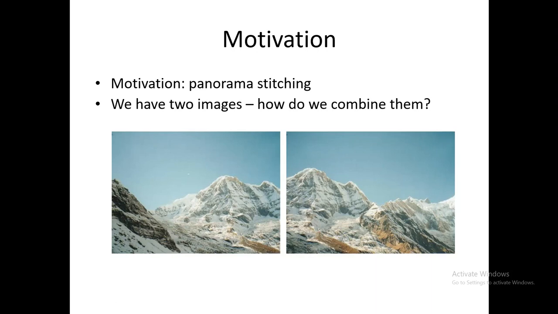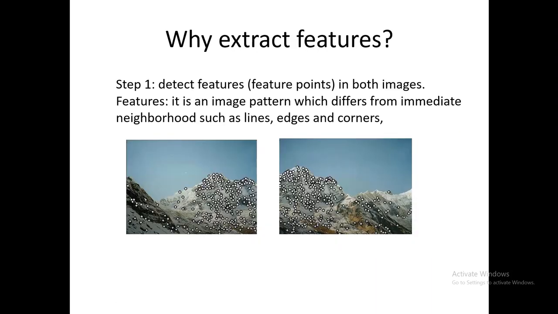So the first thing we do is detect some features here. Step one, we have to detect the features or feature points in both images. And features, as I have said before, are the image patterns which differ from immediate neighbors, such as lines, edges, or corners. And we are going to define something called the interesting point operator, that will find some points that I define to be interesting.